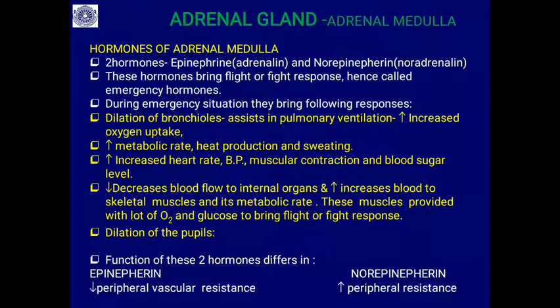So these emergency hormones bring dilation of the bronchioles, assisting pulmonary ventilation, and increased oxygen uptake during emergency. Then increased metabolic rate, heat production, sweating, increased heart rate and BP. They decrease the blood flow to the internal organs and increase the blood flow to the skeletal muscles, so that the muscles are provided with lots of oxygen and glucose to bring about the fight or flight response.